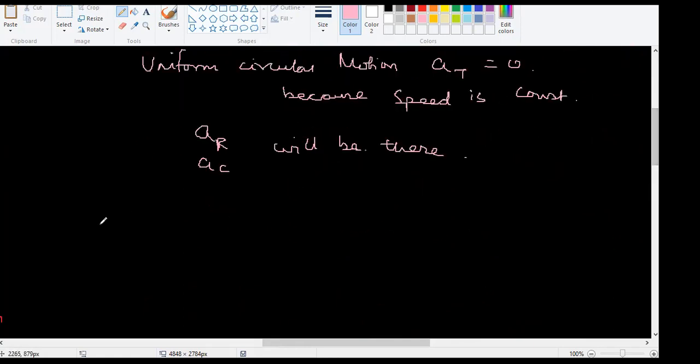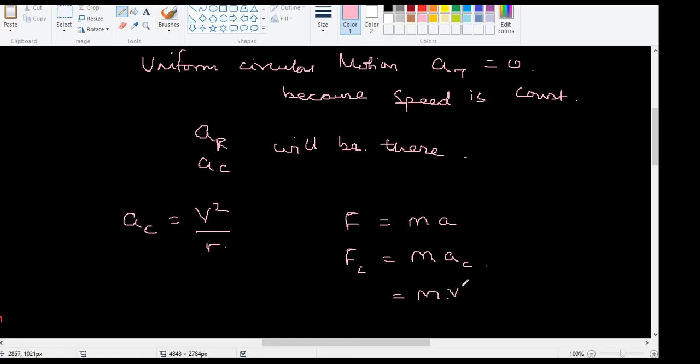And finally, if you want, you can add one more small derivation. We derived AC is equal to V squared by R, and F is equal to mass into acceleration. Since we are talking about centripetal force, I can call this FC is equal to M into V squared by R. That is your centripetal force demanded. That is your fifth derivation.